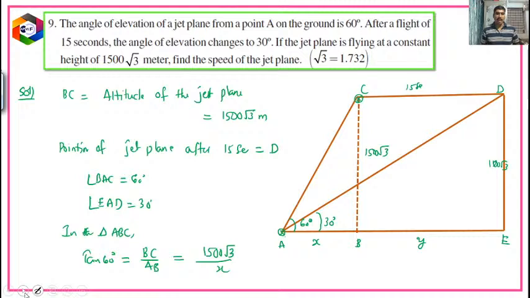Now tan 60 value is root 3, which is equal to 1500 root 3 by X. Now cross multiply. So root 3 x is equal to 1500 root 3.